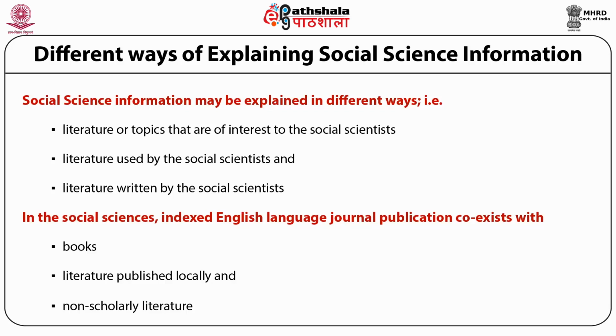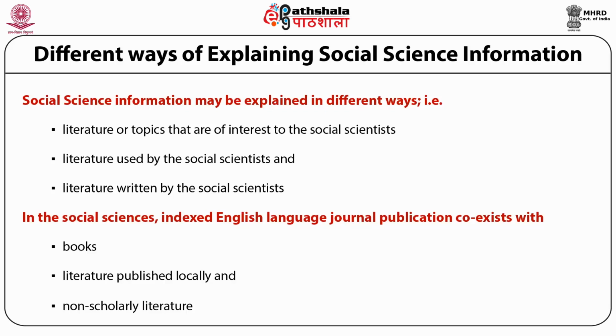As a matter of fact, social scientists use a large variety of information sources in the form of written records like newspapers, annual reports, government records, personal letters and diaries, manifestos of political parties, etc.